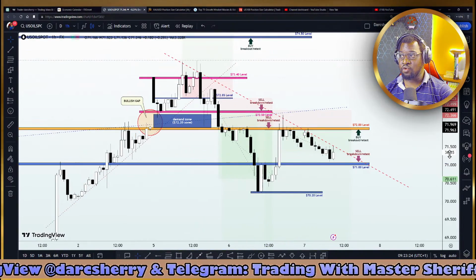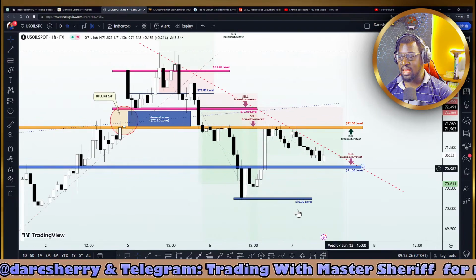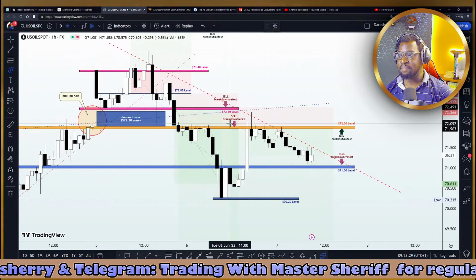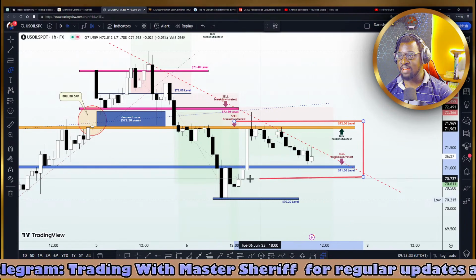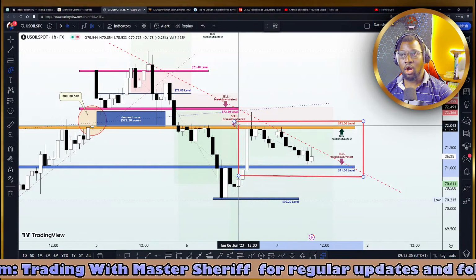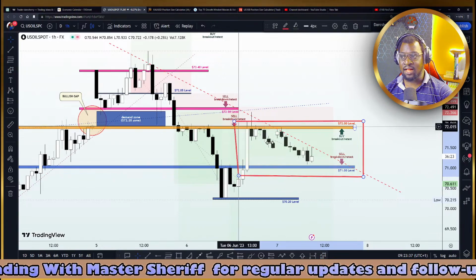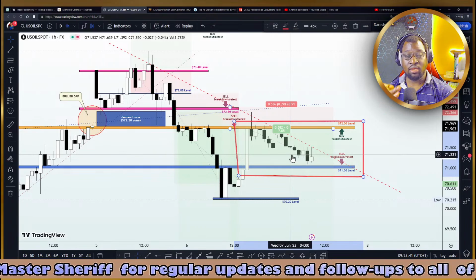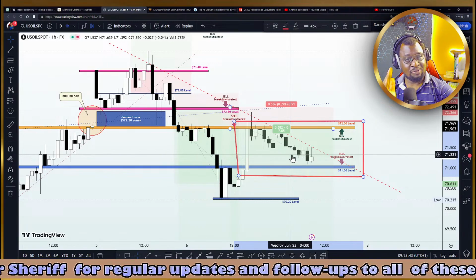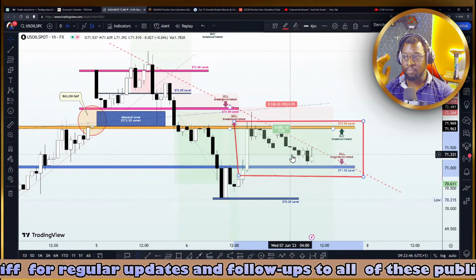So our center of focus on the US oil spot for today is mainly going to be the range between the key level here and the $71 level, where we shall be looking out for opportunities to either buy or sell. And considering the fact that price is trading below the key level, that is one, and below the trend line, at this point we want to be looking out for selling opportunities.